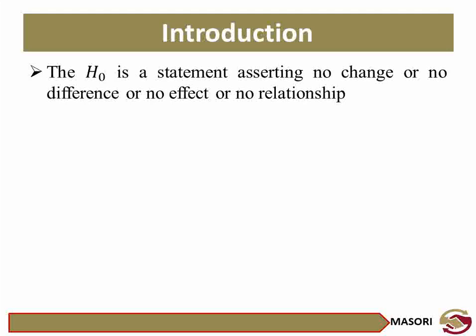The null is a statement indicating no. So whatever you are trying to check, the null is saying it is not there. No relationship, no effect, no change, no difference. So the null is no. When we talk about the null, we are simply talking about no existence.